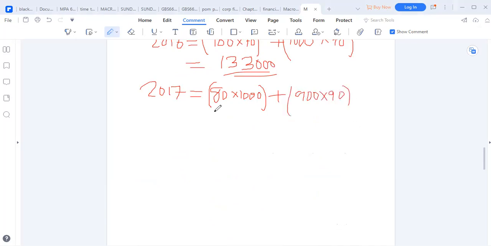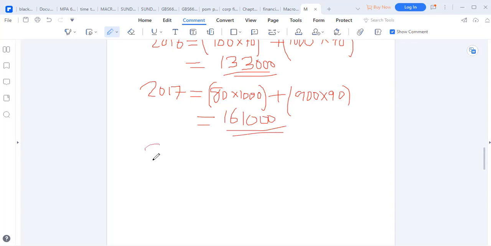So we can get the value here: 80 multiplied by 1,000 plus 900 multiplied by 90, which is 161,000.